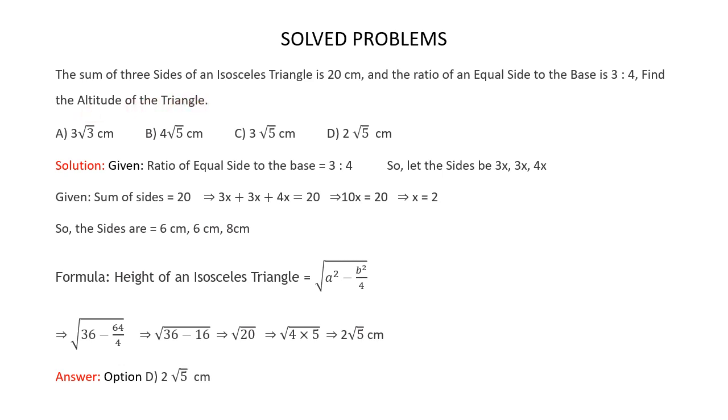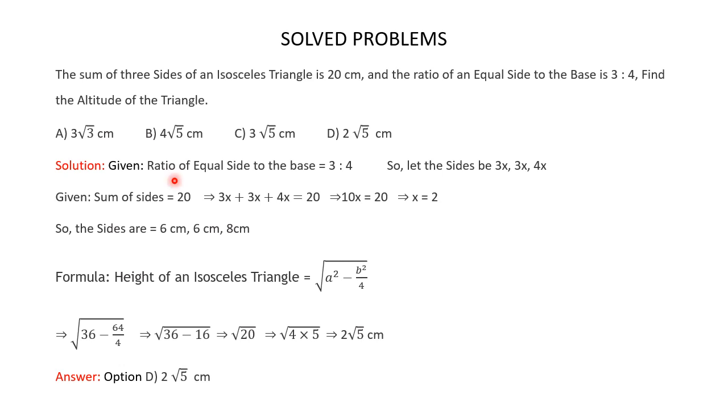Now you know that the formula is: height of the isosceles triangle is equal to square root of a squared minus b squared by 4. Here a is the value of each of the equal sides and b is the value of the third side. Now if we know the values of a and b, then we can easily find the height of the isosceles triangle.